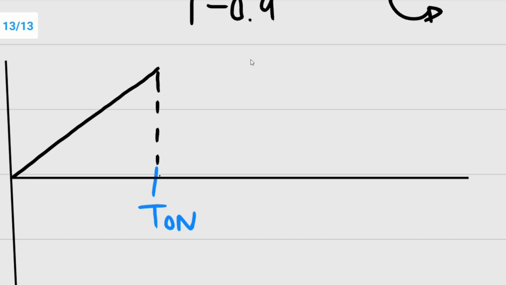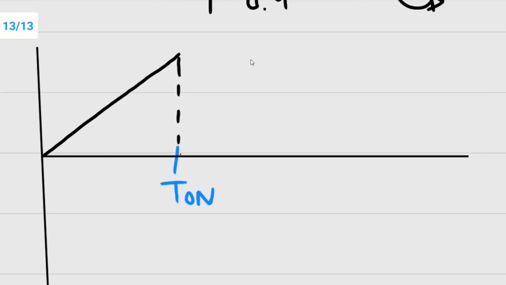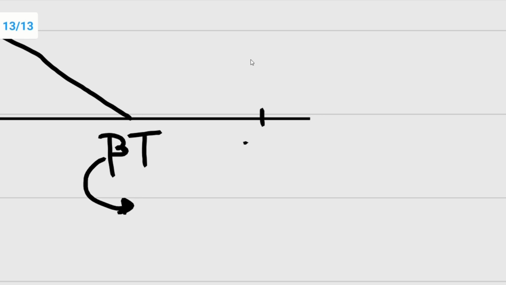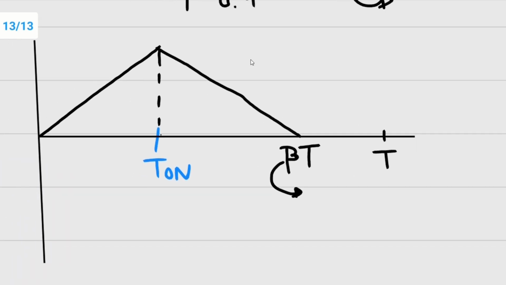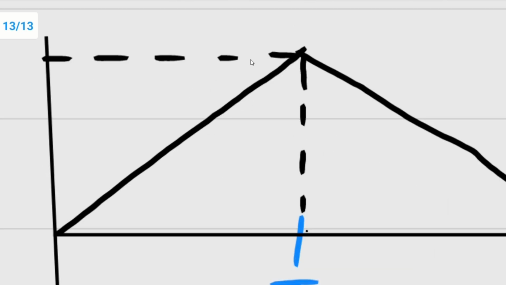After that, as the switch is opened, the inductor will discharge to the load, and as the conduction is discontinuous, it will extinguish at less than T, that means at beta T. Beta is the extinction angle, and this is T. Now let's say IP is the peak inductor current.